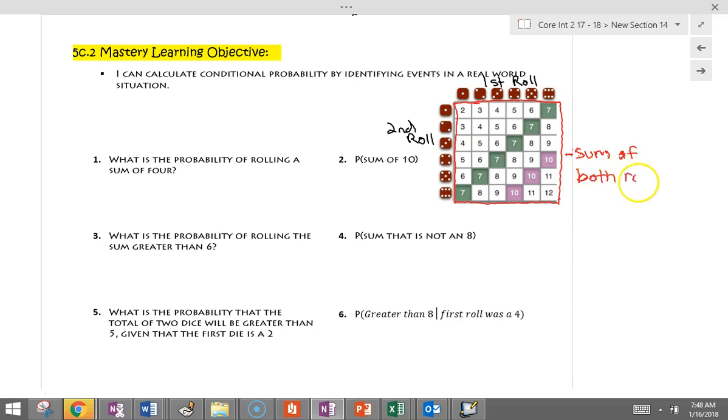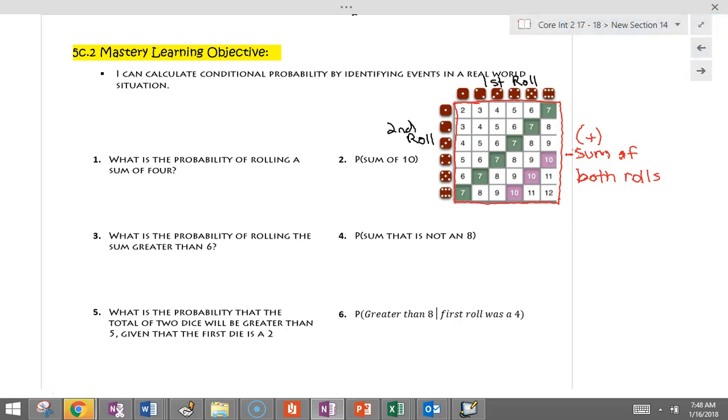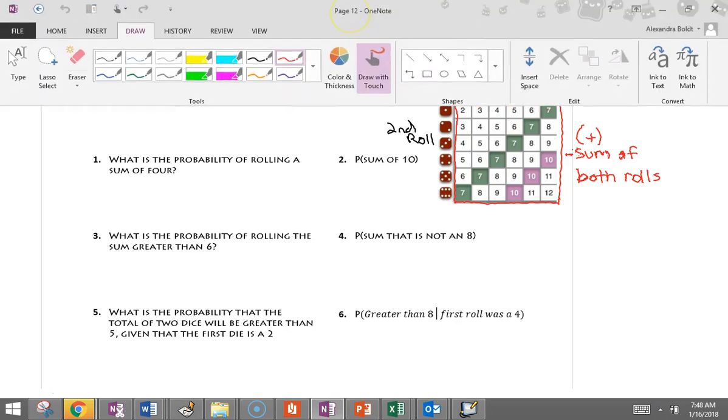Okay, so again, remember, sum is adding. So what's inside there is the sum of both of those rolls. So our first one, what is the probability of rolling a sum of 4? That's just the basic probability.